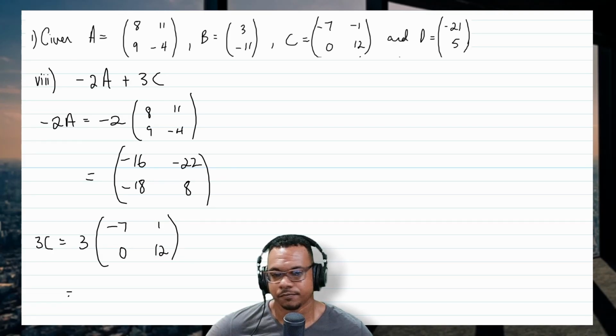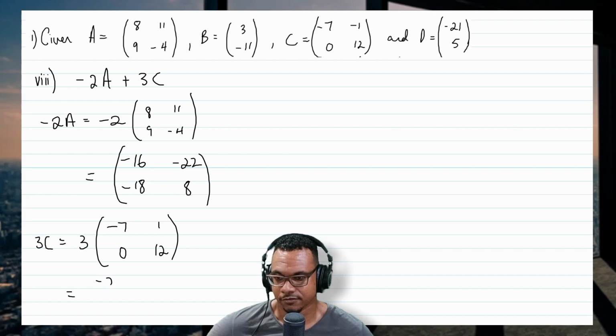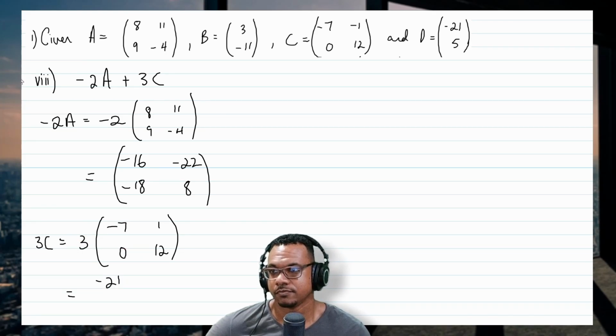Again, just work that out. 3 times negative 7, signs are different, so the answer is negative 21. Anything multiplied by 0 is 0, so you get 0 here. Then 3 times 1 is 3, and 3 times 12 is 36.